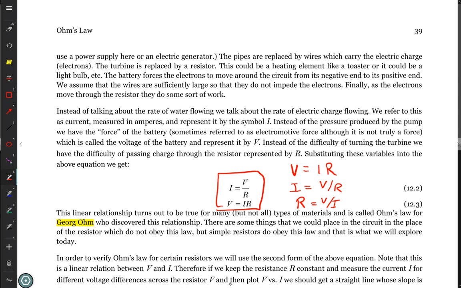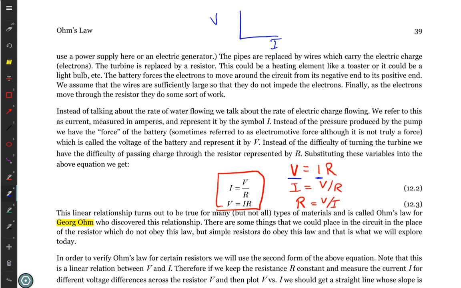So we are going to measure the current through a resistor and the voltage difference across the resistor and plot voltage on the vertical axis versus current on the horizontal. Now, I know if you turn that in, I'd take off points, right? Because you need to write out what it is and show the units.